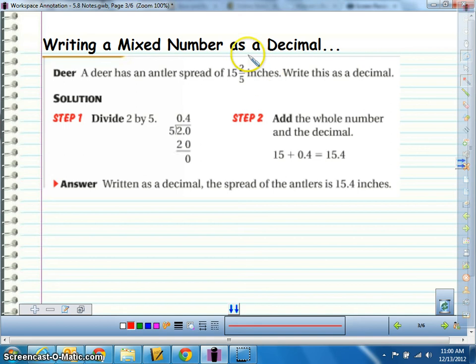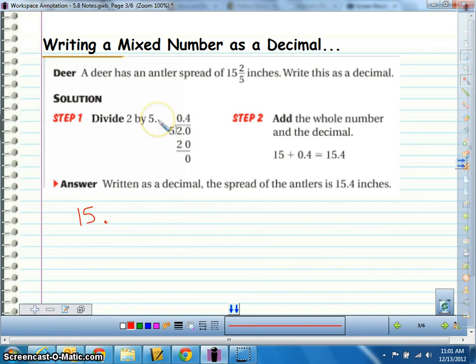What happens when I have a mixed number and I want to write it as a decimal? Whenever I have a mixed number, my whole number just becomes my whole number in my decimal as well. So if I had 15 and 2/5, I'm going to have 15 and a fraction.